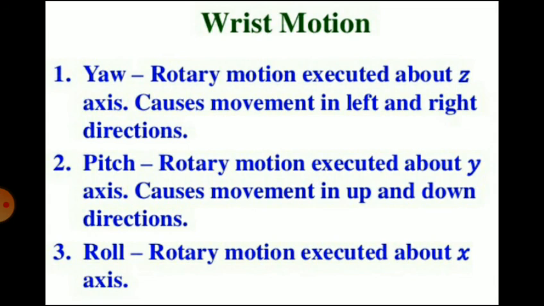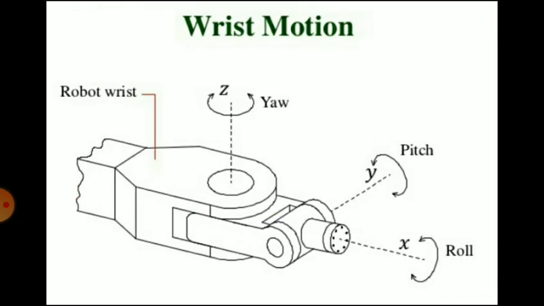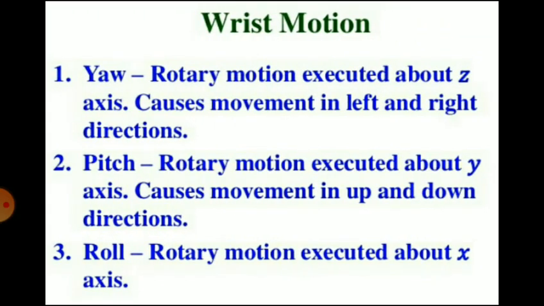Then pitch, that is rotary motion executed about the y-axis, and it causes movement in the up and down direction. So you can see the pitch, that you can move the end effector in the up and down direction. And roll means rotary motion executed about the x-axis.